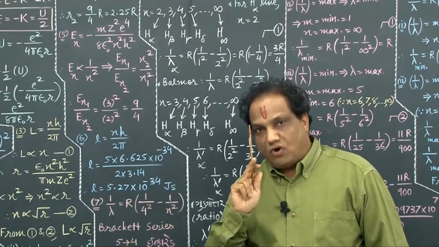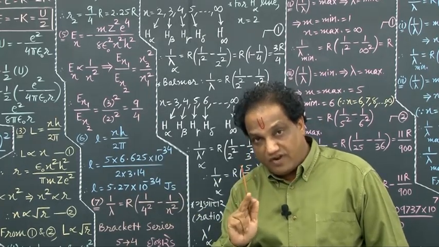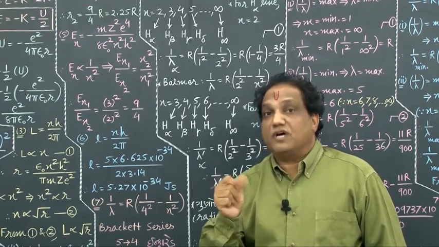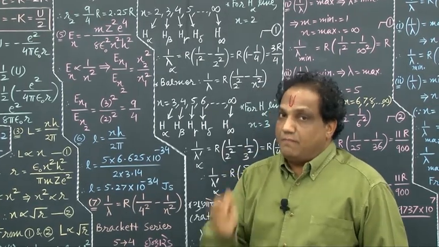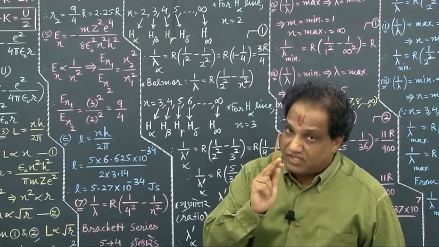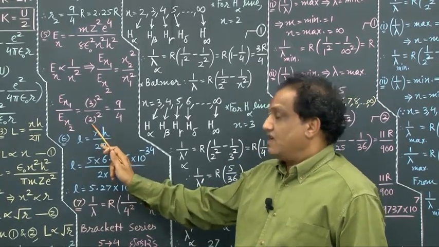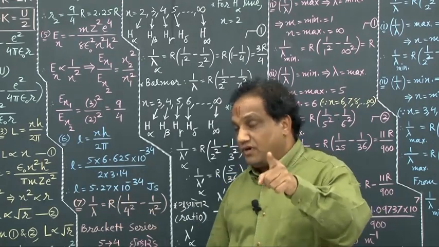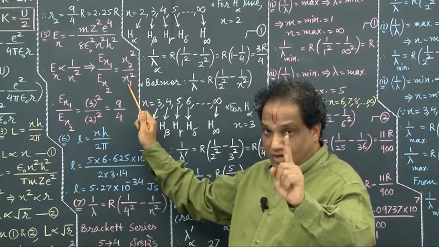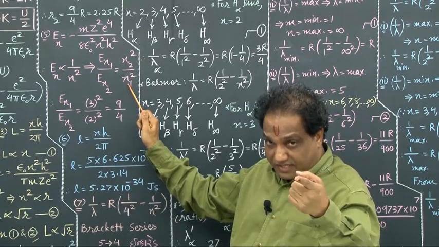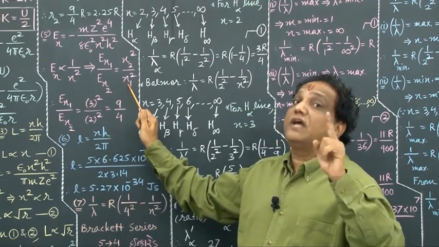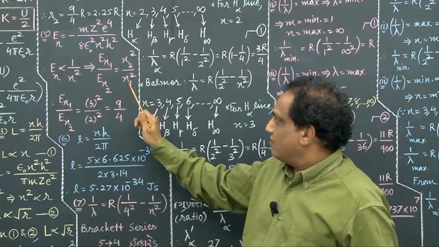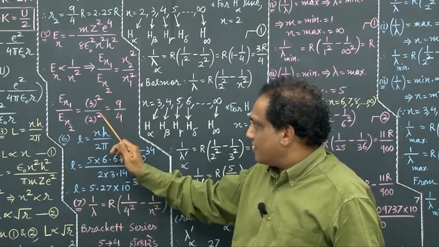First value of order of orbit, which is given to you as first excited state. Had it been first state, we could have written n1 equal to 1, but because it is first excited state, then I should write n1 equal to 2, so n1 is 2 whole square.